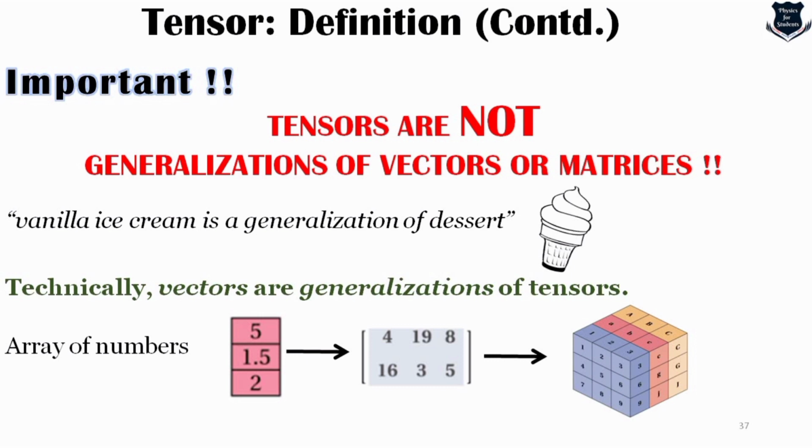This is what causes the confusion: we get vectors as an array of numbers, row or column, then we put them in a matrix, and then we extend the matrix into a three-dimensional form, and that is why we call them a kind of generalization, but actually it is not.